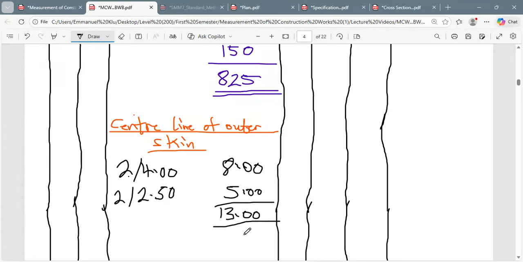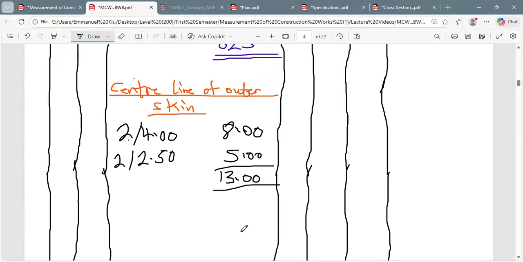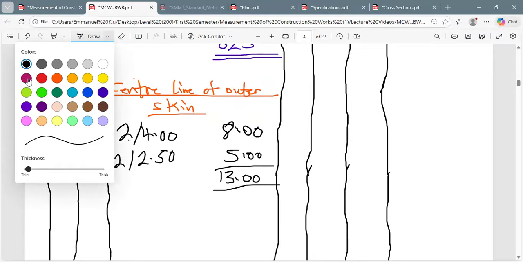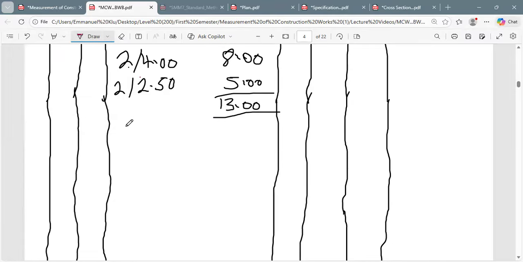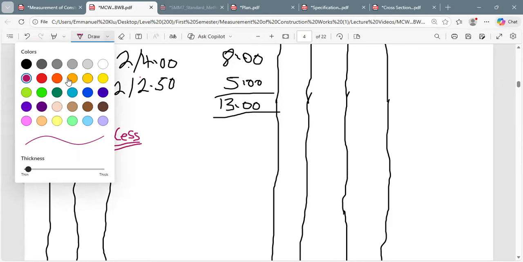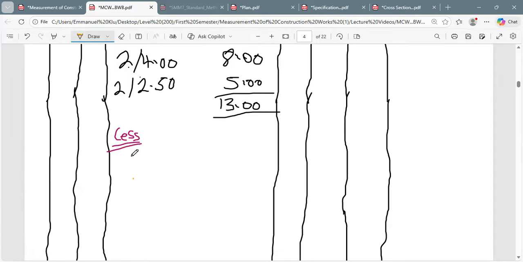We know this is the perimeter of our outer hot skin. So if we want to less the corners, let's less the corners. Because of the language we are speaking, I have to change marker and less corners. Now I can change my marker to initial. So let's less the hot corners.